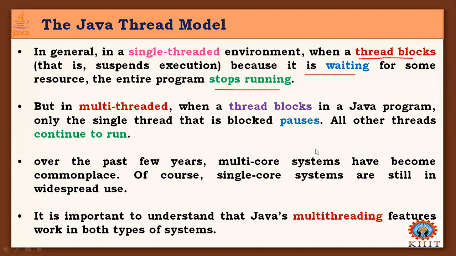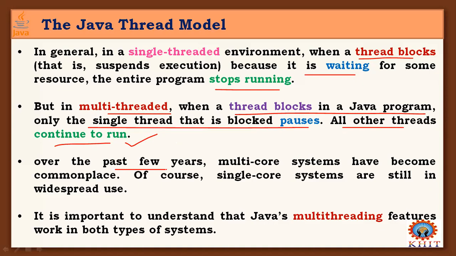But whenever we support multi-threaded programming, then when the CPU sits idle, another thread will come, activate and execute on the CPU. In a multi-threaded environment, when a thread blocks in a Java program, only that single thread is paused and all other threads continue to run. So this is the advantage of multi-threading.